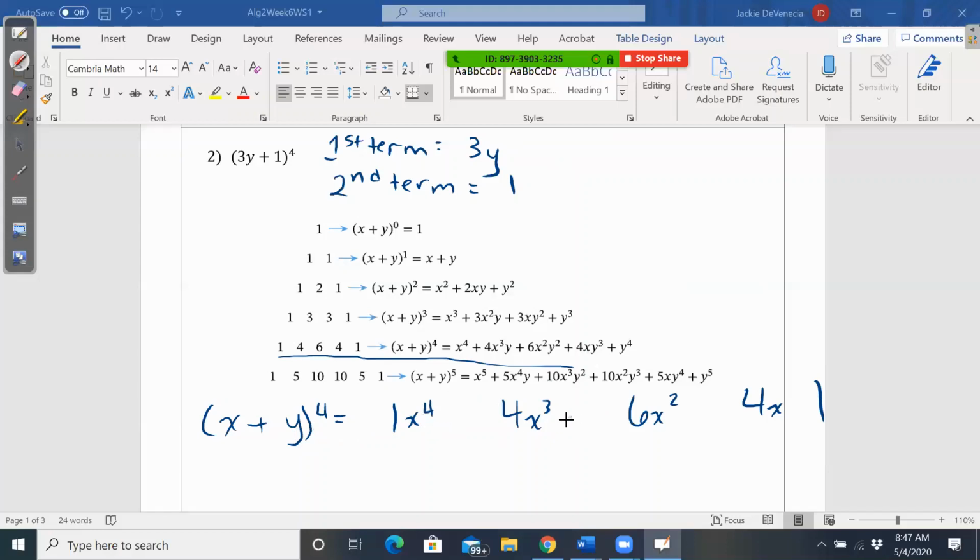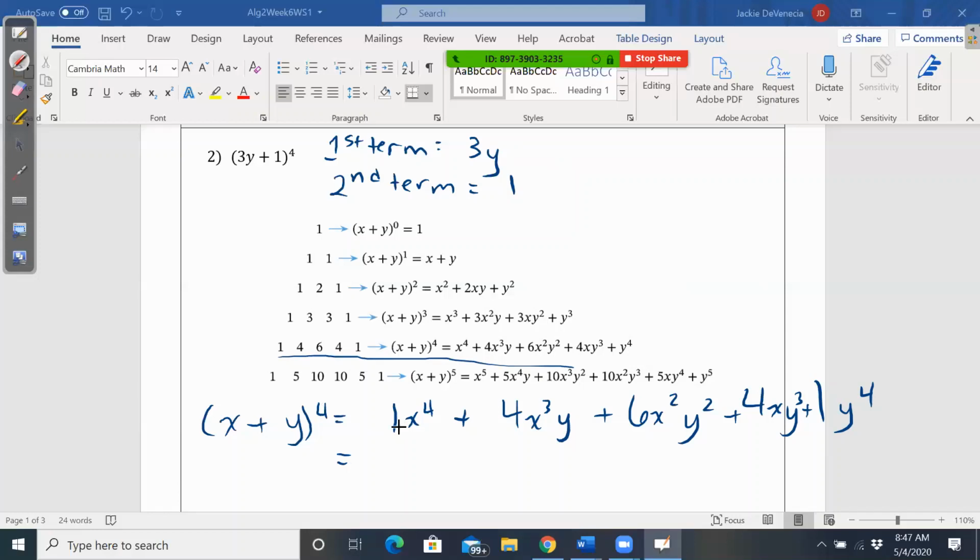So remember, when x goes down by 1, I'm going to use this one right over here. So y to the 1st, y to the 2nd, y to the 3rd, and then y to the 4th. And everything is being added. Okay, so let me see, am I right? Yep, it looks right.